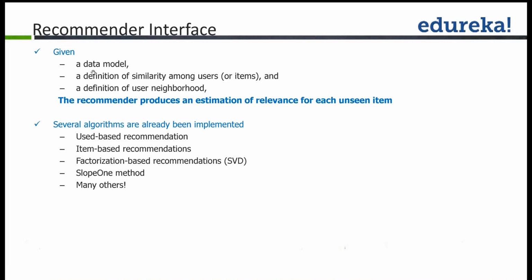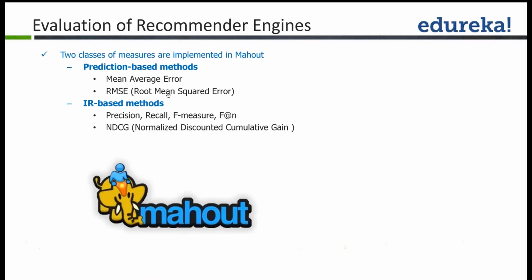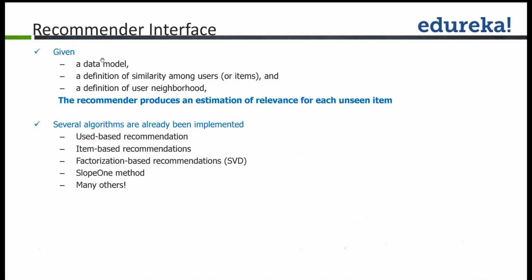So given a particular data model and a given definition of similarity that you would like to use between users and also items, and also a given definition of your user neighborhood, which is essentially one of these 2, right?